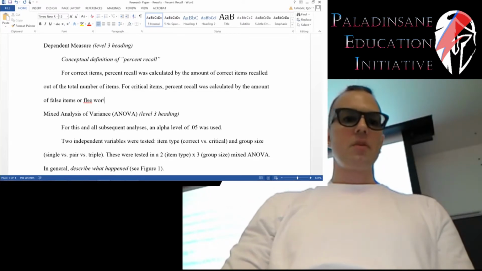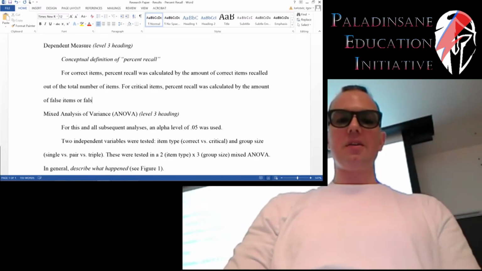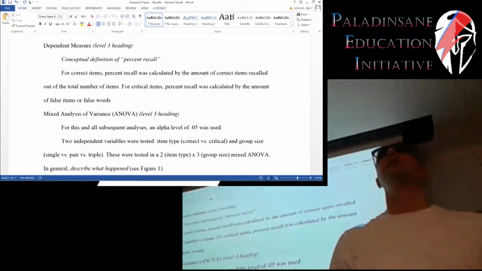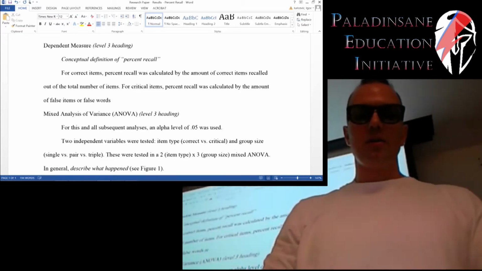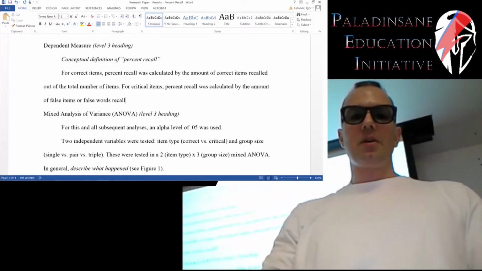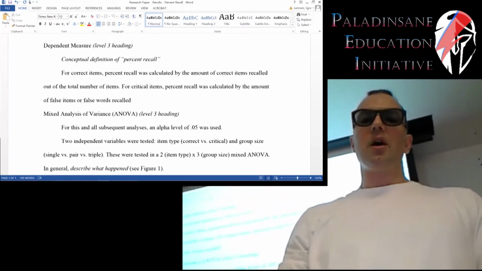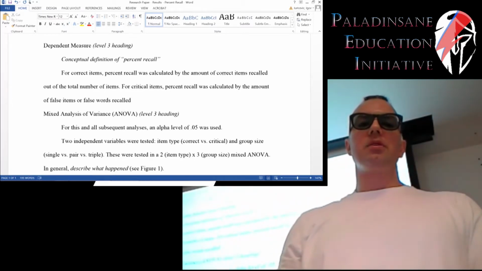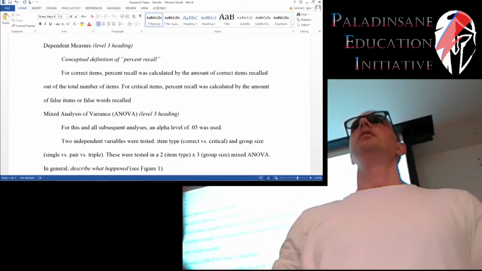Whoops. No, let's just get it down with the amount of false words recalled. Oh, wait, no, yours said recalled. That's fine. Okay. Let's keep it going. So percent recall was calculated by the amount of false items or false words recalled.